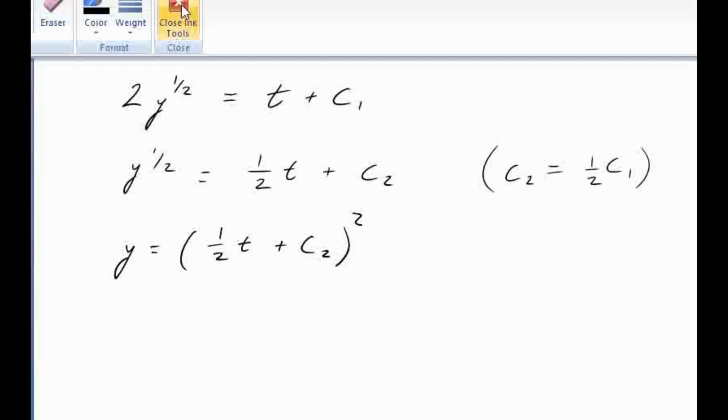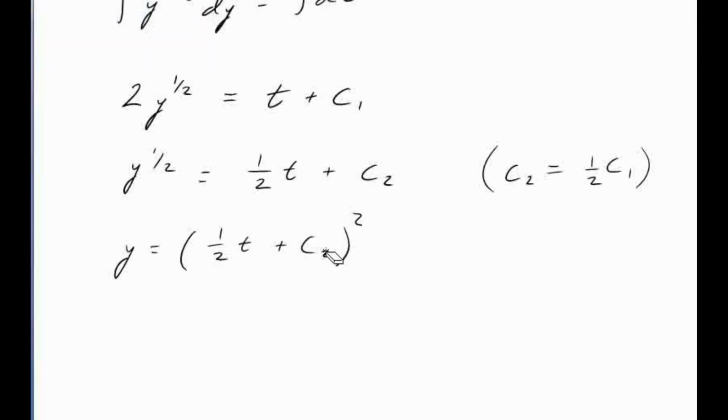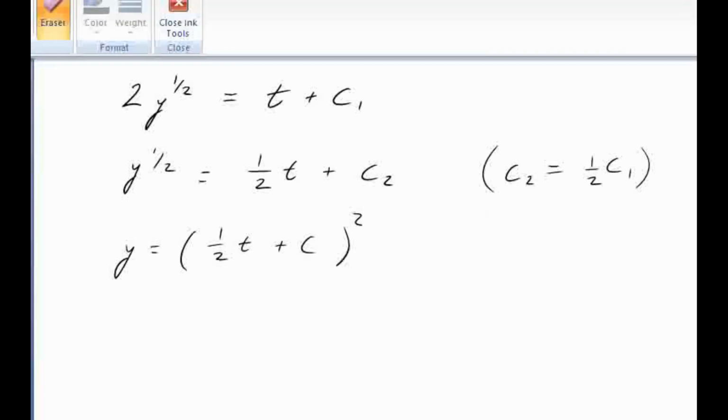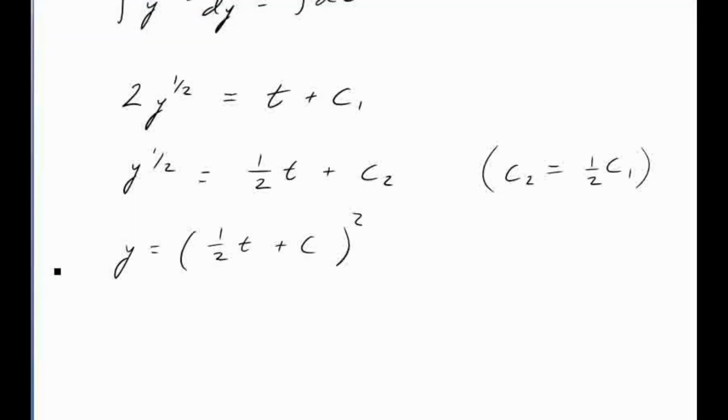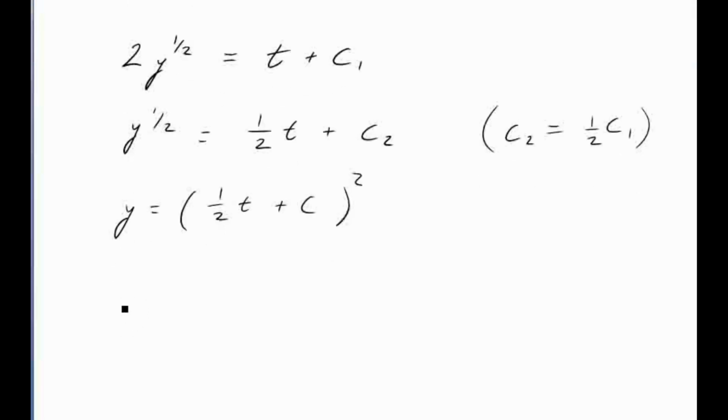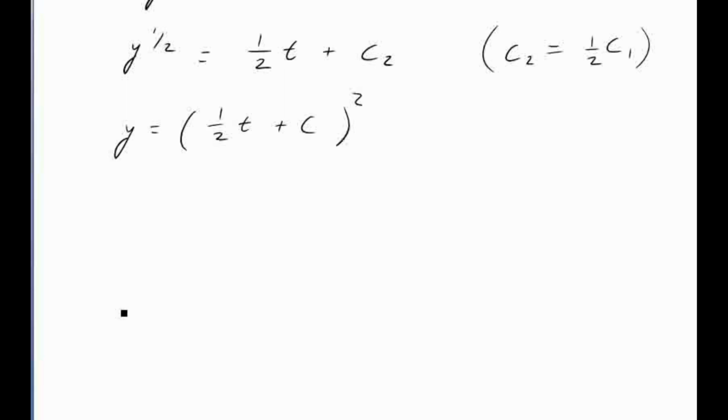But since this is actually the last in our sequence of calculations here, we can just call that a generic C rather than giving it any extra labeling. All right, so this is what the solution to the differential equation would be based on separating variables.